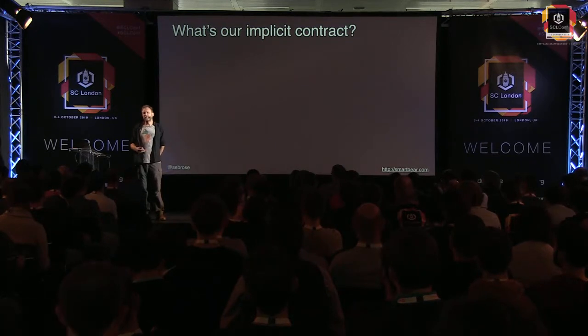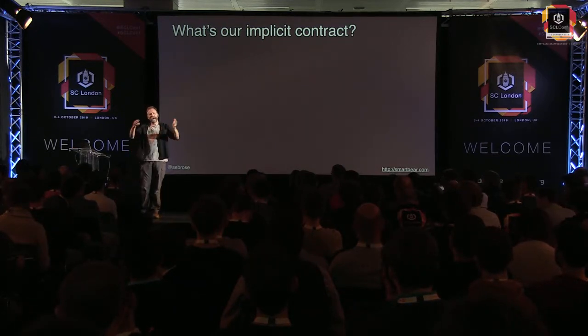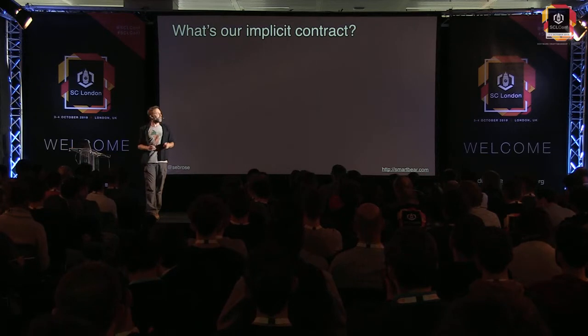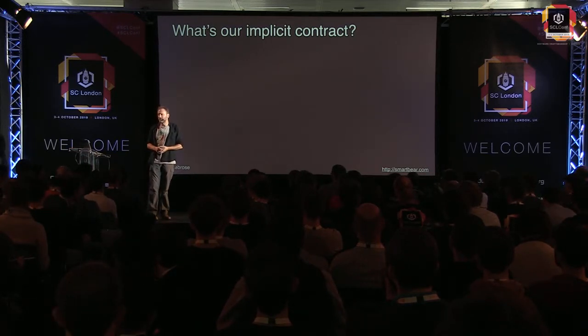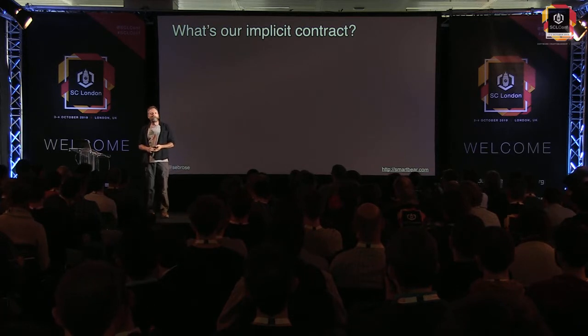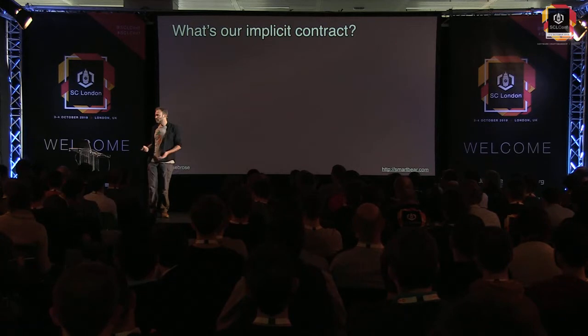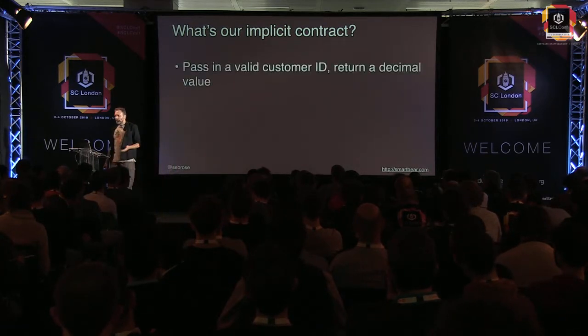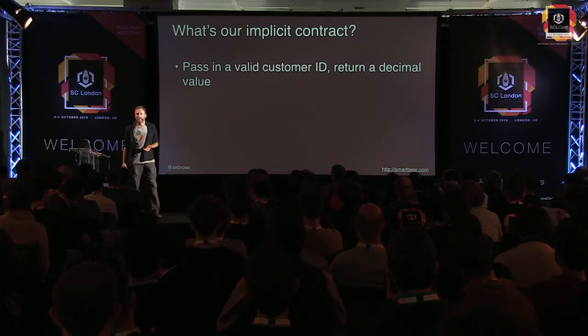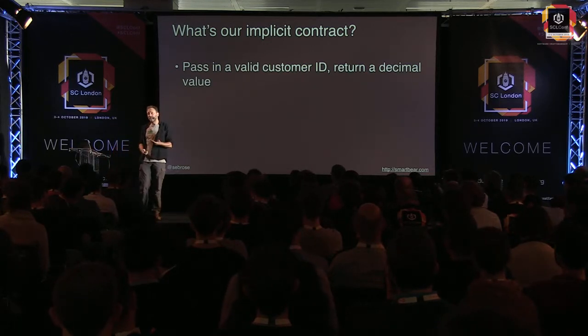Exceptions. Based on the vast experience that we have in the room, what might be a simple way of generating an exception by calling a method like getRevenue with a customer ID? Invalid customer ID, exactly. So what would happen if you passed in an invalid customer ID? We don't know, right? This is implicit, and we need to know this.